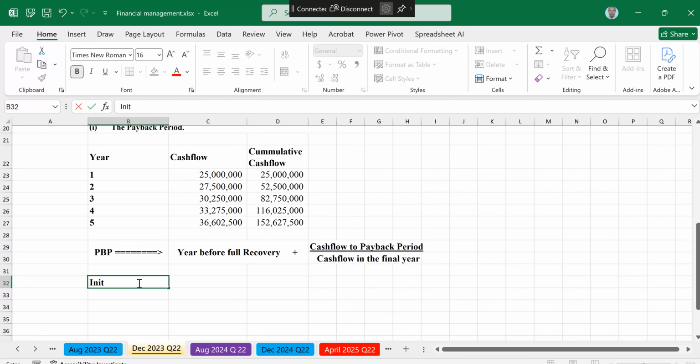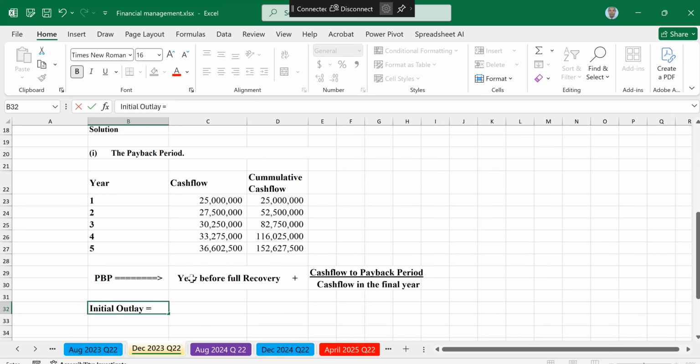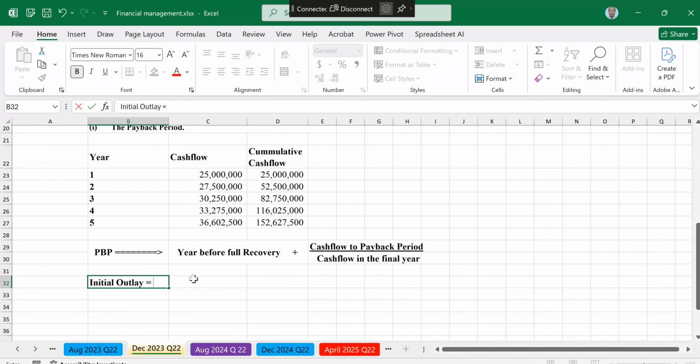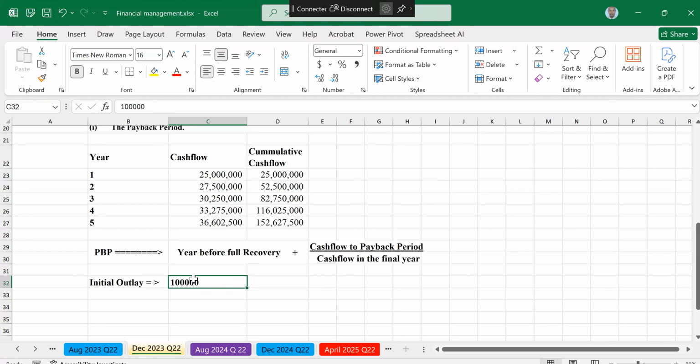The initial outlay is 100 million. So initial outlay is 100 million.